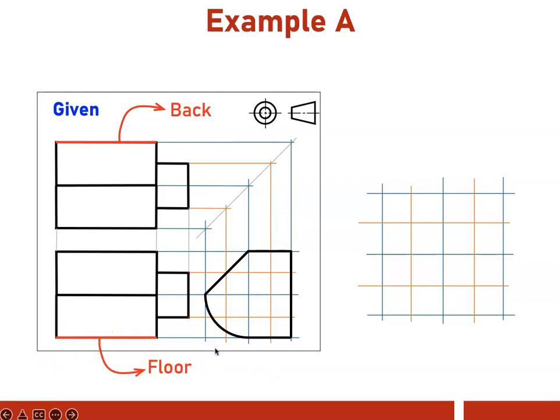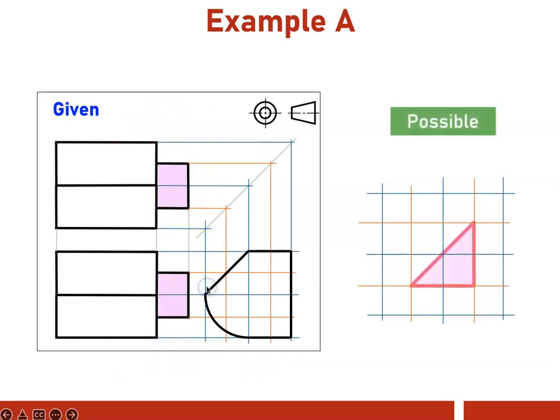So just connect that two together. And for this one, it is possible that it is a rectangular block. It is also possible that it is not the same orientation. It is also possible for another orientation of this rectangular block. And it is also possible for it to be a square block. And also a rectangular block.